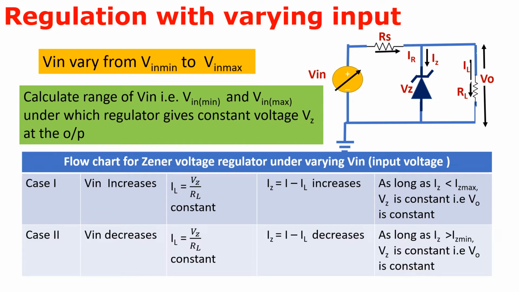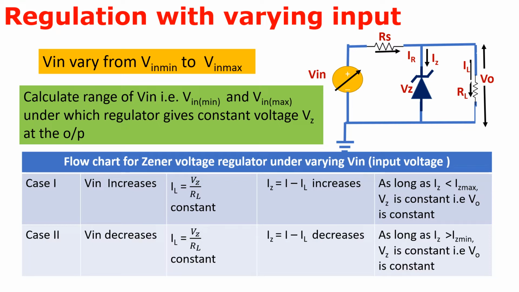V in is increasing, that means V in minus Vz upon Rs is increasing. So in this case, the Zener current increases. And in this condition we need to see that the Zener current should not exceed the maximum Zener current Iz max.